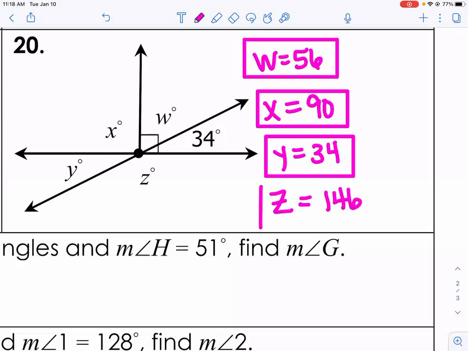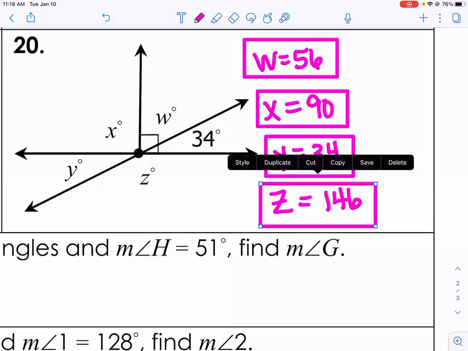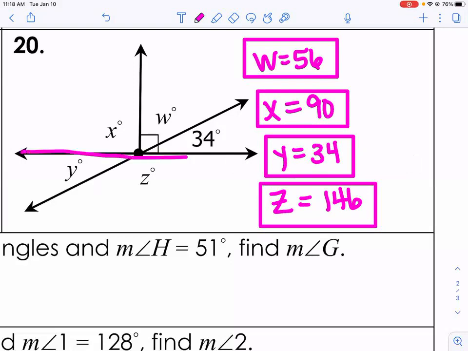Denise, why is Z 146? I'm going to change your word to supplement. These two need to add up to 180 degrees because they make a straight line.